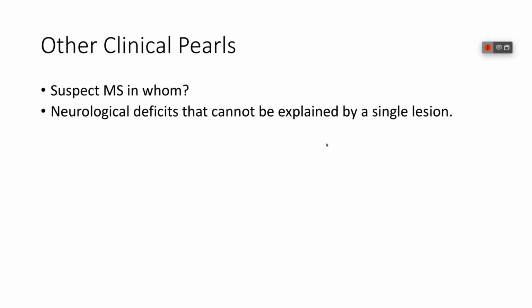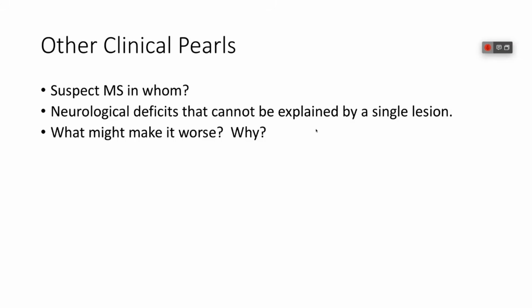But if you get a weird patchy thing where one side of their face is weak and the other side of their body has loss of sensation, but there's no problems with strength, and they've got weird eye findings, that would be MS, right? If you can't possibly explain all of the different things by talking about a single lesion, then you should be thinking MS.